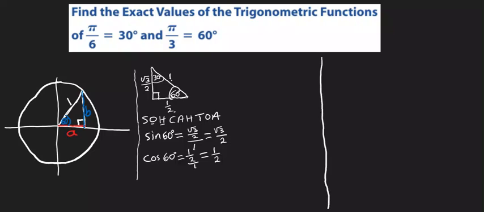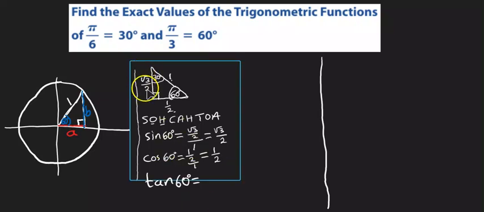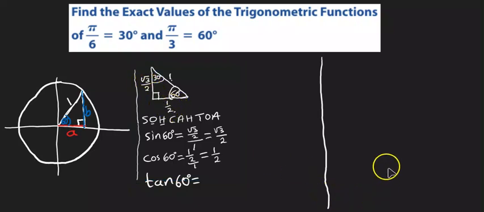Divide our work. So now here we have tan 60 degrees. It is equal to our opposite, which is this one, divided by our adjacent, which is that one. So it is the square root of 3 over 2 divided by 1 over 2.